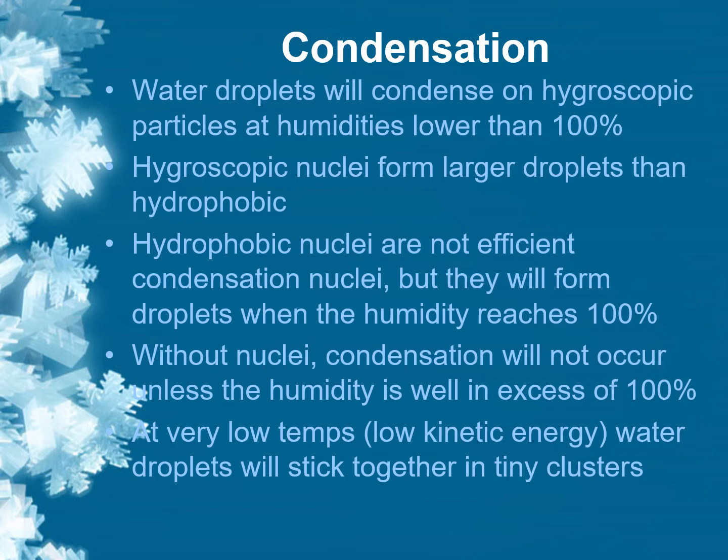So without nuclei, condensation will not occur unless the humidity is well in excess of 100%. Why is that? At very low temperatures, in other words, low kinetic energy, molecules not moving fast, water droplets will stick together in tiny clusters.